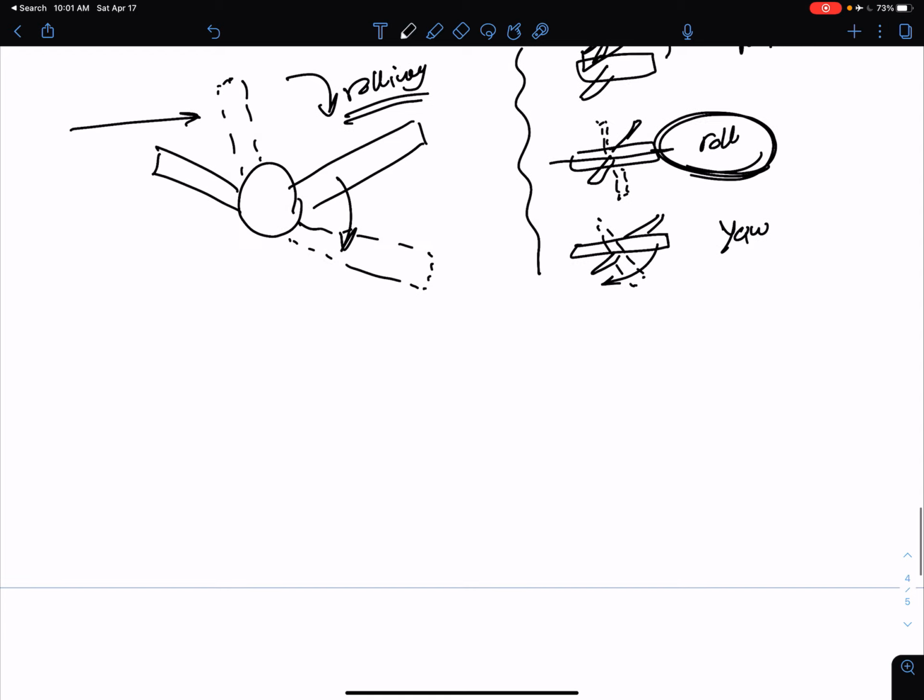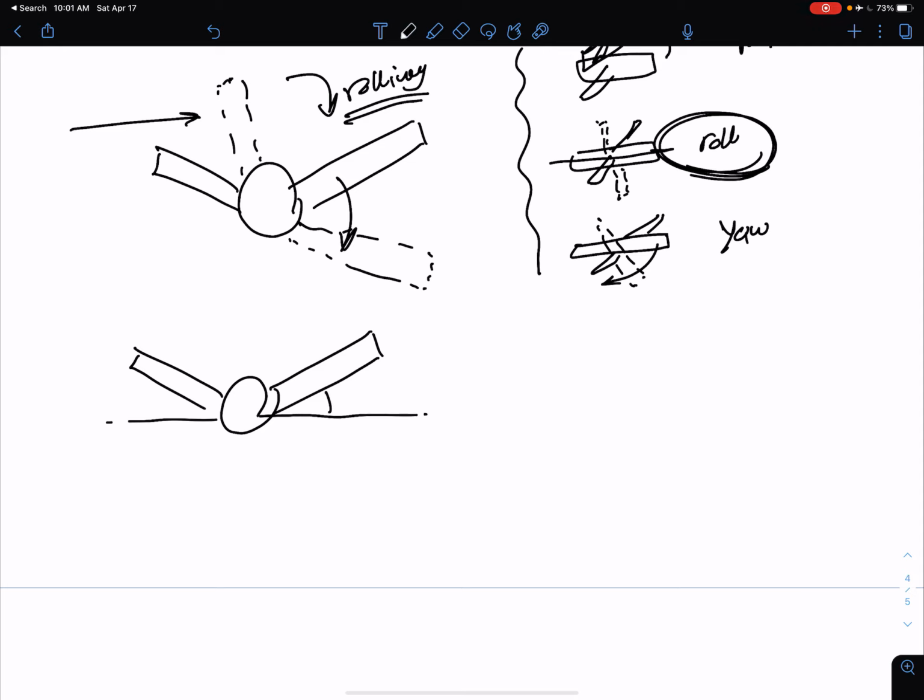But how would it affect it? When you have a positive dihedral angle, and because of a wind gust, your aircraft rolls in this direction, what is going to happen is you are going to have more lift on this wing compared to this new wing, which means that you are going to have something called a restoring moment.